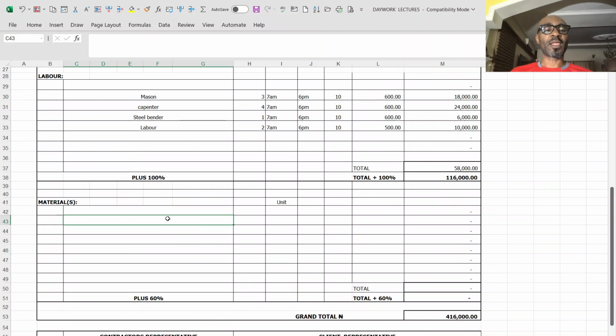Say for this day I brought cement, 7 bags. I brought sand, 2 tons. I brought gravel, 2 tons.